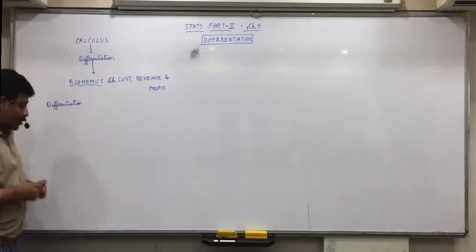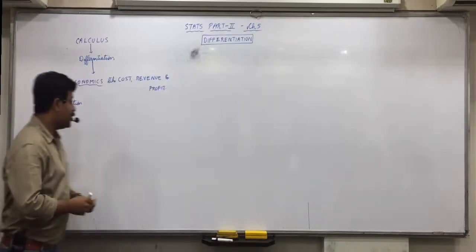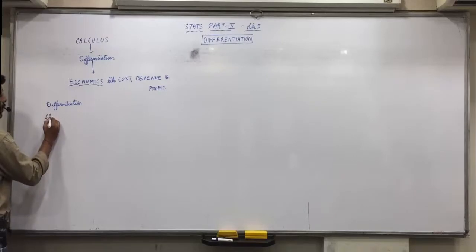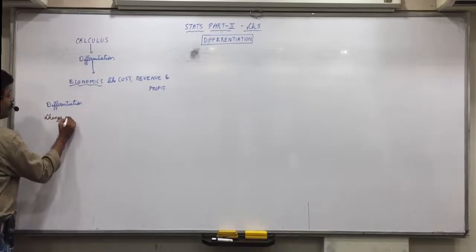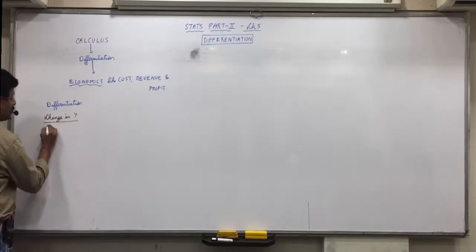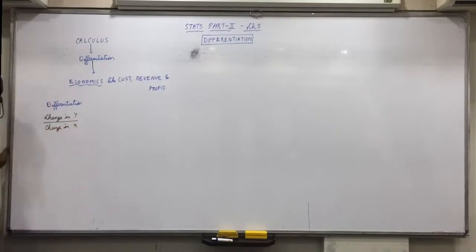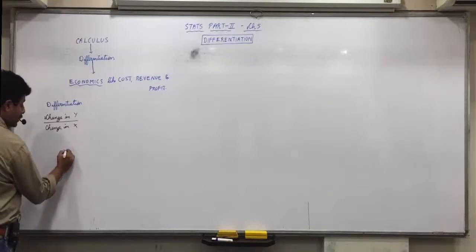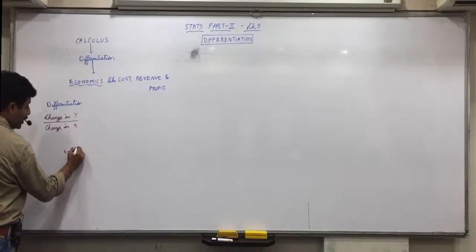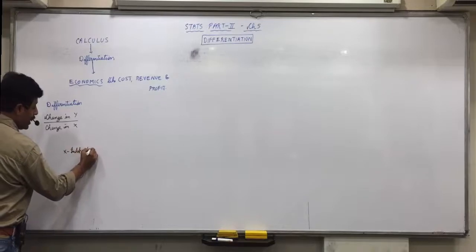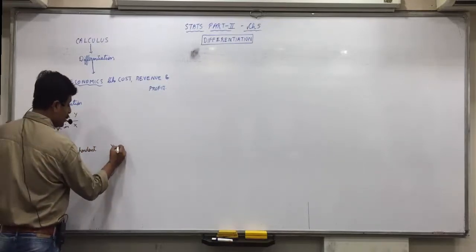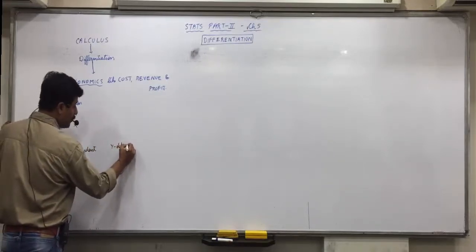Differentiation is a technique to find change in Y due to change in X. Okay, we have been studying that X is the independent variable and Y is a dependent variable.